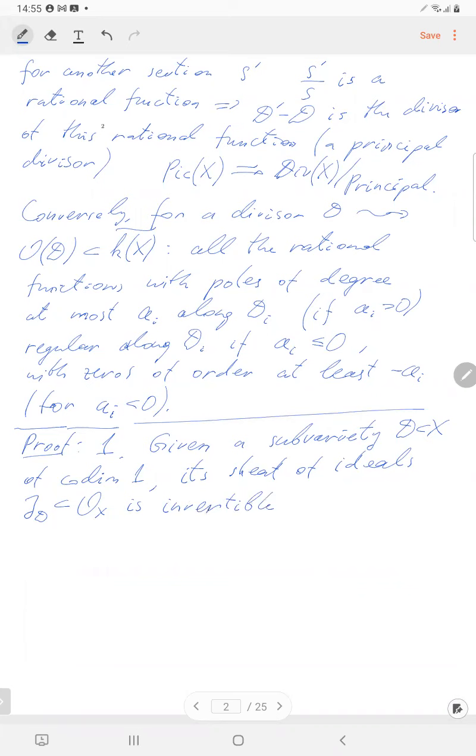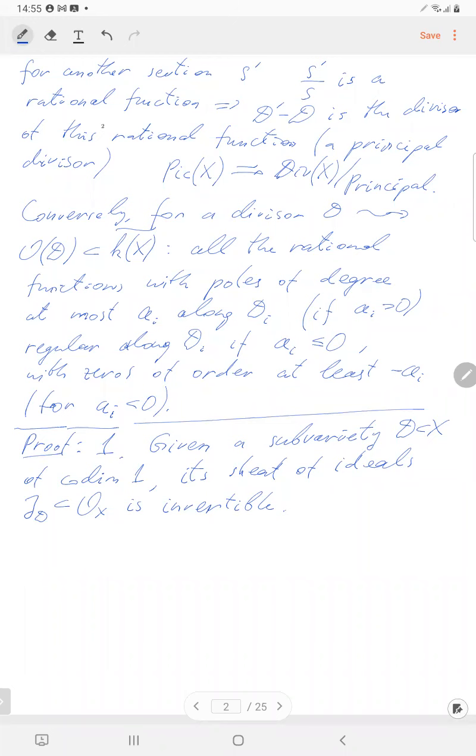And for this we certainly need this UFD property, unique factorization domain, for the local ring of any point. We'll see this in a moment. Why do we need this? So let's prove this.